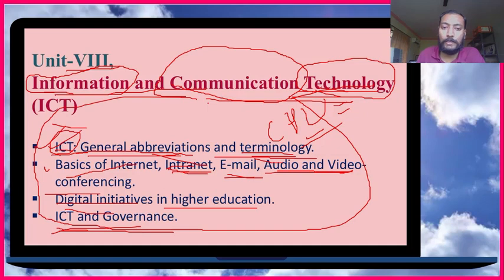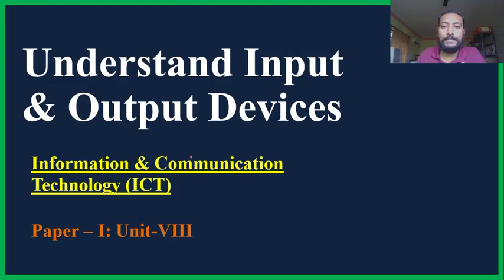We need to look at them. But before starting the first point, general abbreviations, we need to know the basic parts of computers. Without that we cannot proceed. This is not in our syllabus, but we need to understand it. Understanding the input and output devices. What are input and output?